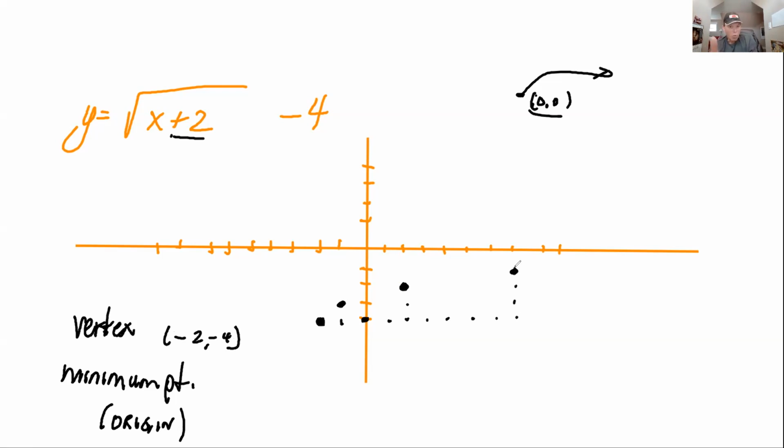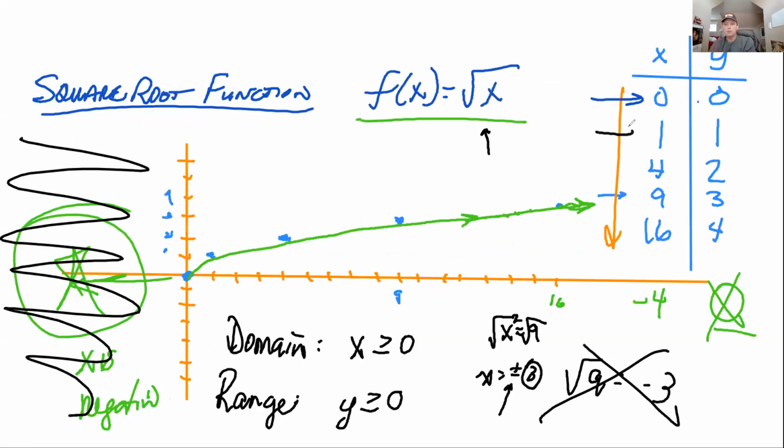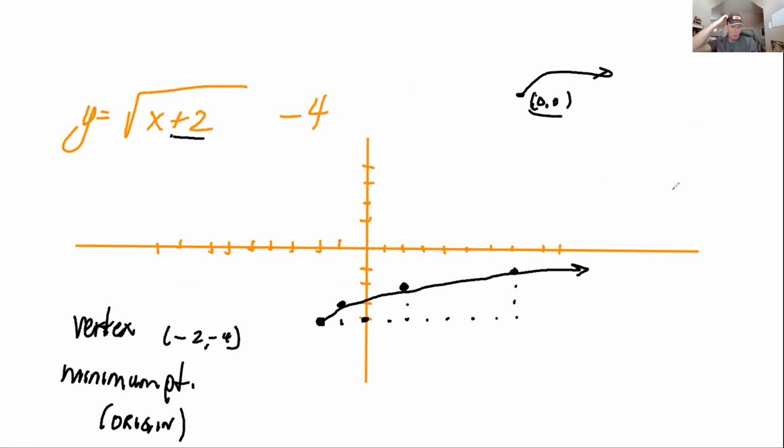So everything is relative to this origin or vertex or minimum point. I'm still using these relationships, 0, 0, 1, 1, 4, 2, 9, 3, but now I'm putting them over there. So I want to see how I did here. Minus 2, minus 4. I can pick some other points as well.